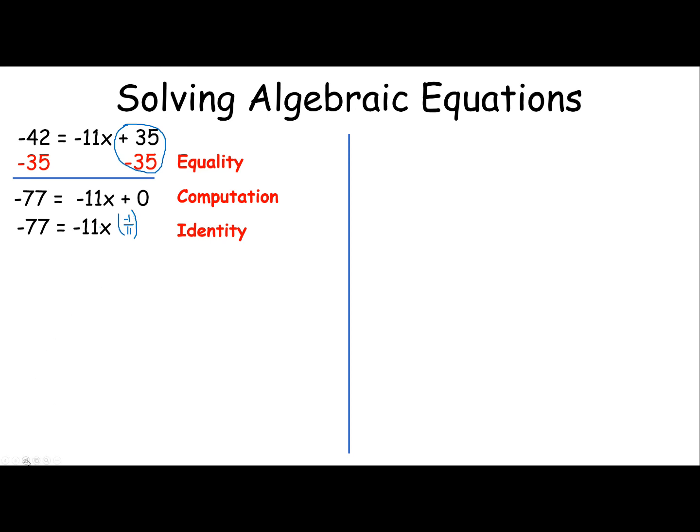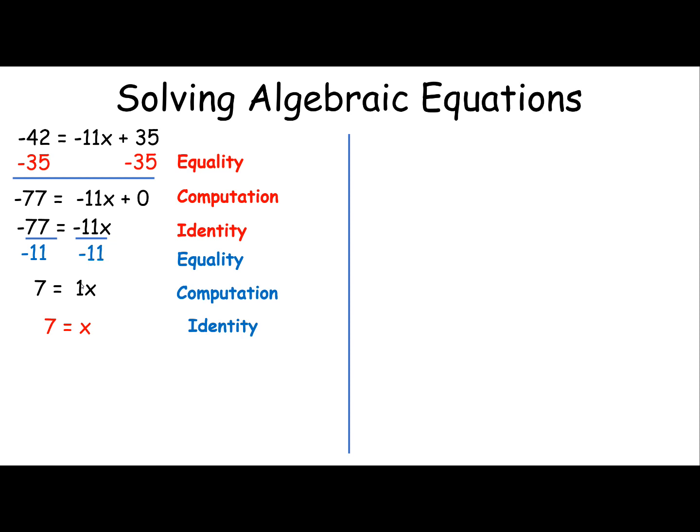Or, if you would rather, and most people prefer, I could divide both sides by -11. -77 divided by -11 gives you 7. -11 divided by -11 gives you the 1. That was the goal. I intentionally multiplied by the reciprocal or divided by whatever would give me a 1 because the identity property says we don't need that times 1. And you have your answer.